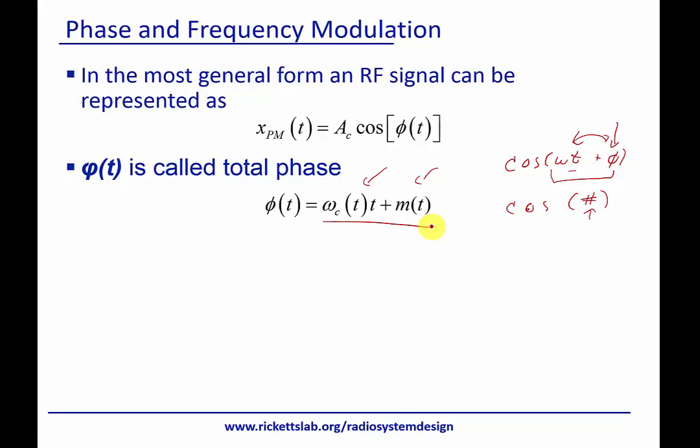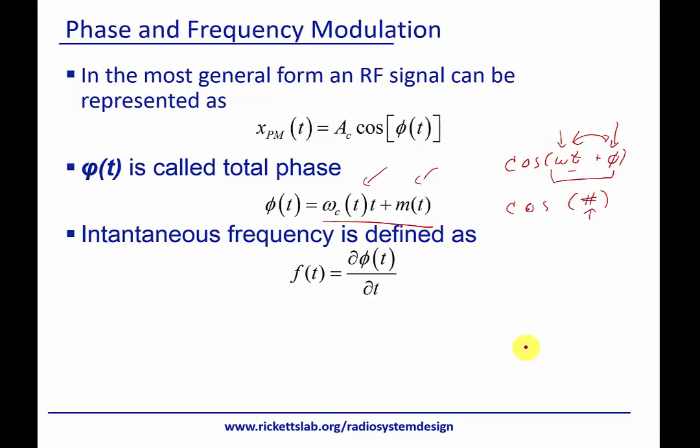And if this is your phase, then what's frequency? I thought this omega was frequency. Well, we generally define the instantaneous frequency as d phi dt. I'll just do a quick example so you feel comfortable with that. Cosine of 2 pi f t plus pi over 2. If I asked you what the frequency of that was, you'd say it's f, right?